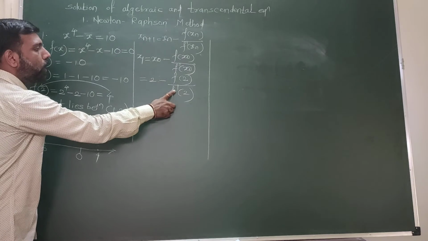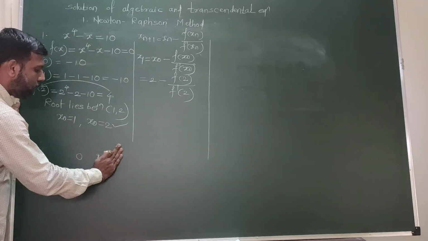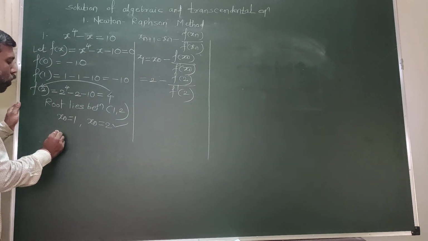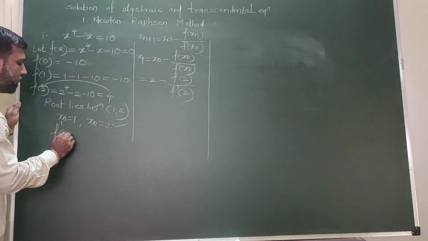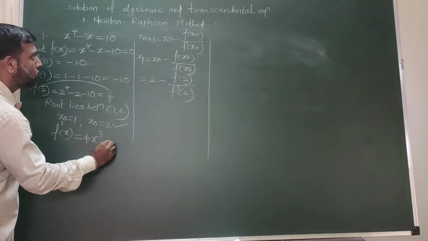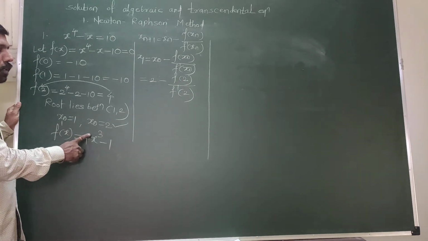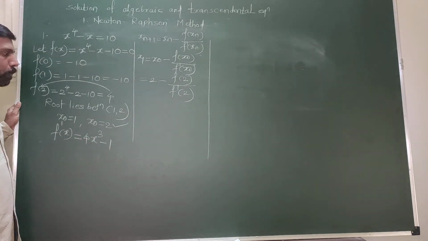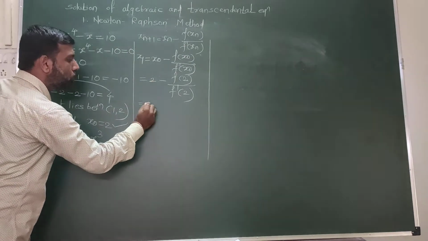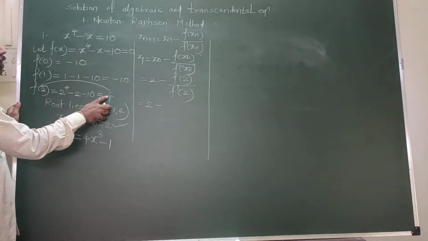Now for this we require the derivative of the given function. Here f of x is the polynomial, so f dash of x is this, the derivative of the given polynomial. Now we have this value 2, f of 2 we already have, it is 4.